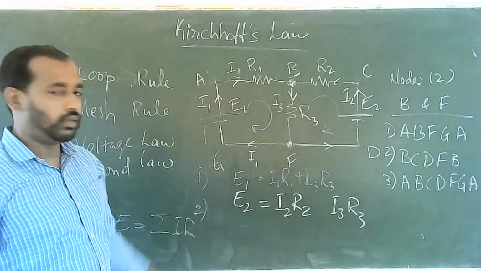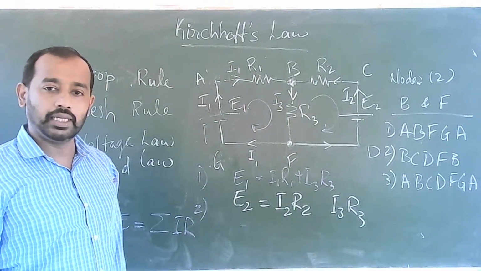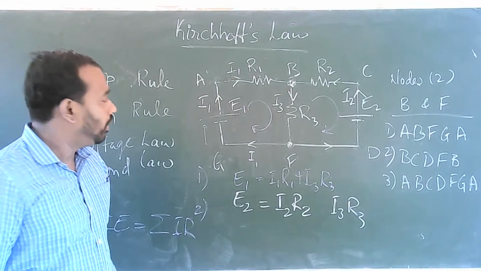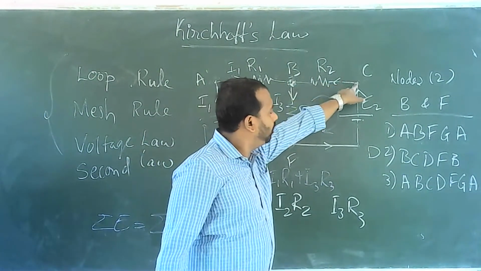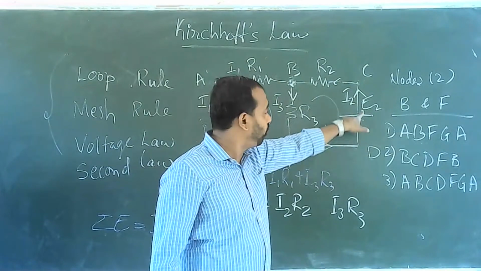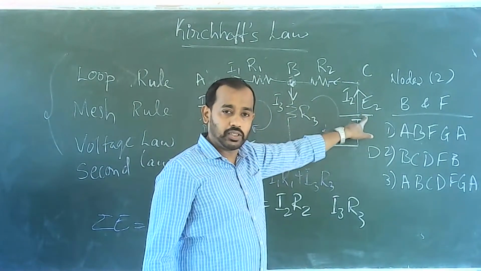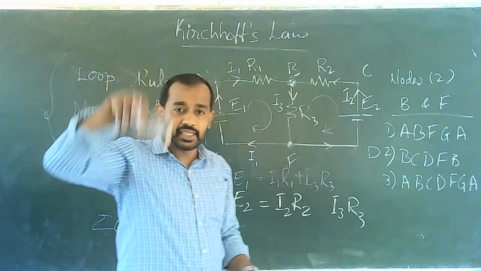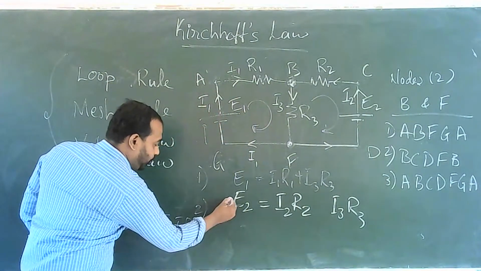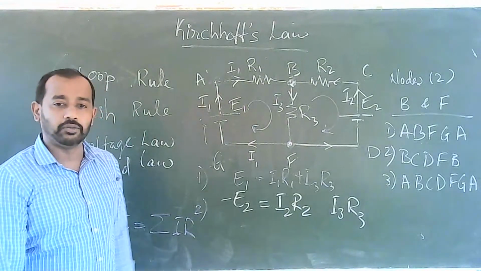So now, how to assign the signs? Since we are moving from C to D, we are moving from higher potential to lower potential. So energy is decreasing. E2 should be treated as negative.